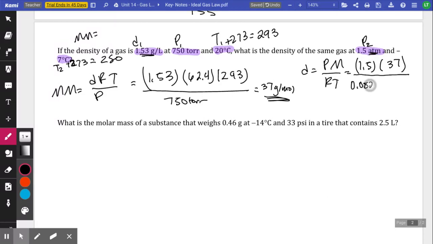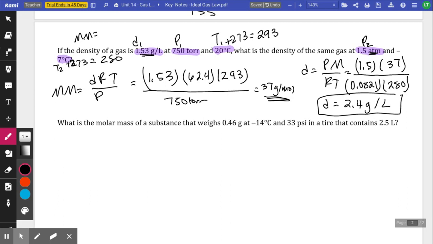That would be 0.0821 times my temperature, which is 280. Plug all of those into your calculator. Your answer should have 2 sig figs. So we end up with 2.4 grams per liter. My density would change and become 2.4 grams per liter.